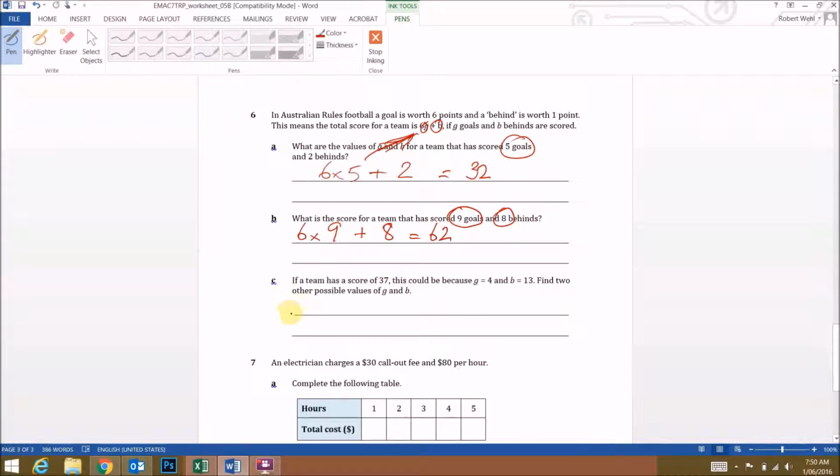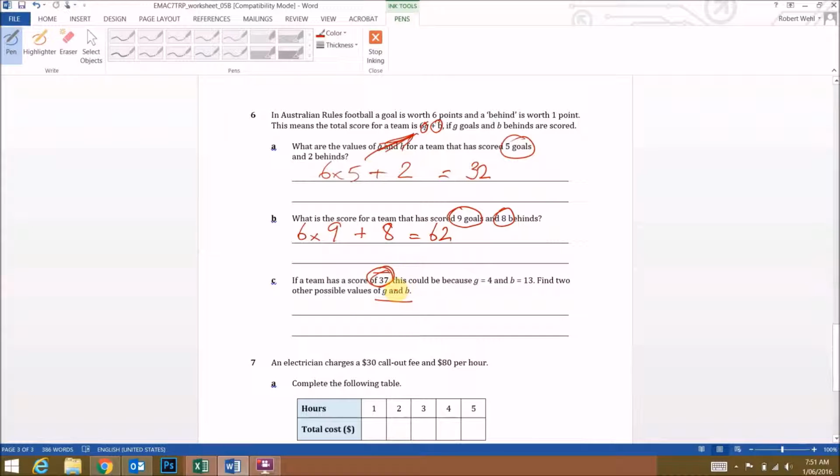If a team has a score of 37, this could be because G equals 4 and B equals 13. Find 2 other possible values of G and B. Here you need to find 2 possible values where it will equal 37. I'm going to use a multiple of 6 to get as close to 37 as I can.